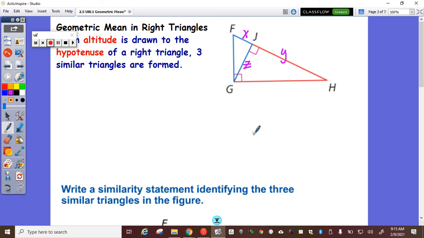So, we're going to do geometric mean. If I want to find this altitude, and you can remember these rules, if I want to find z, z is the geometric mean of whatever x and y is.